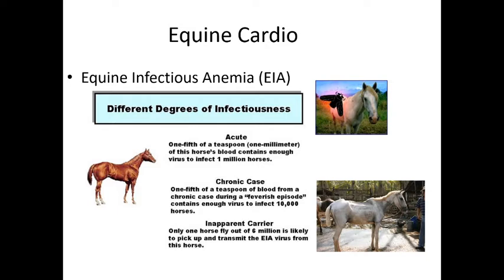If an animal is found to be positive for equine infectious anemia, this is a reportable disease, which means that we have to report it to the USDA. They will then come in and investigate the farm and the situation and the horse, and recommend either euthanasia or quarantining the horse.